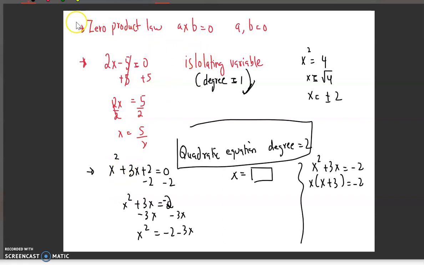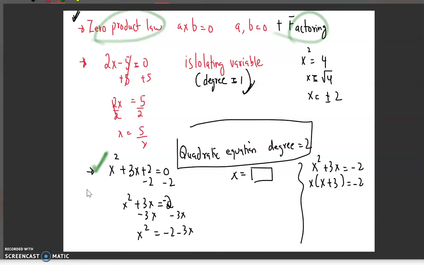So this is where we're going to use something called the zero product law, plus what we've been learning from the past course or so, which is factoring. These two things are going to become our tools that are going to help us solve quadratic equations, especially when they're in the form of a trinomial. And that's what this lesson is going to teach us.